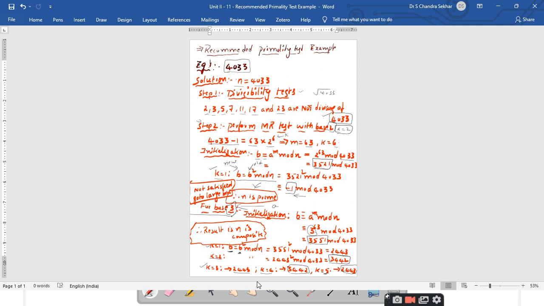You have seen here, right? In the divisibility test, it is giving the result as prime, and we go to the Miller-Rabin test, and if I take the base value as 2, I am getting 4033 as prime. Like that, these different algorithms are used to find out whether the given number is prime or not.